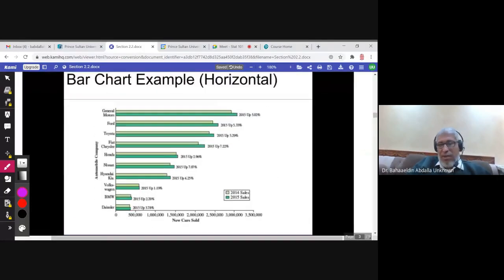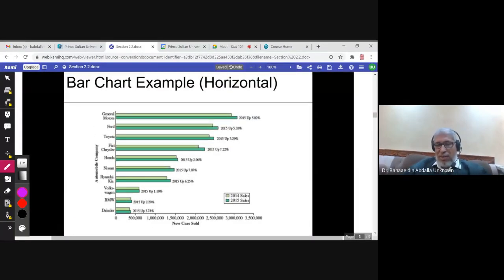This is an example of a horizontal bar chart. Here you have the classes or the categories, different automobile companies. And here you have the sales, the number of new cars sold. You can see that there are two horizontal bars, one for 2014 sales and one for 2015 sales.